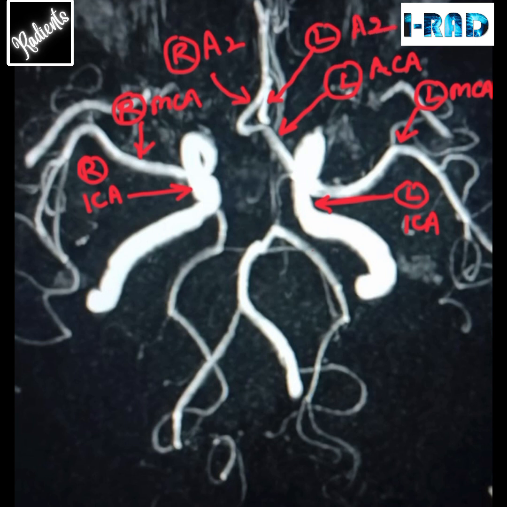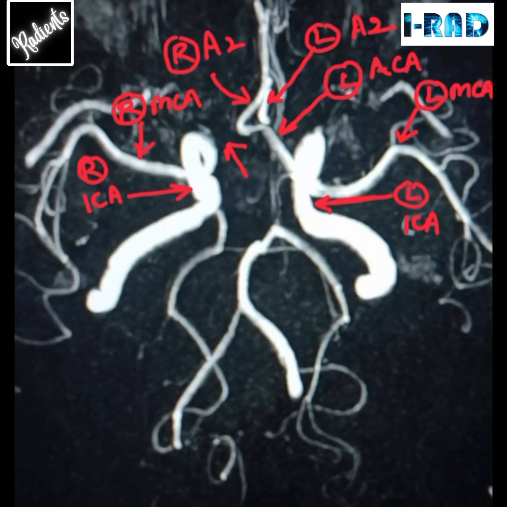So it is pretty clear that the right A1 segment is absent or aplastic, or it could also be hypoplastic, so that it is not clearly visible here. But whatever it is, either hypoplastic or aplastic, definitely the A1 segment is not normal here on the right side. So that is the first variant anatomy here: an absent or hypoplastic A1 segment on the right side.